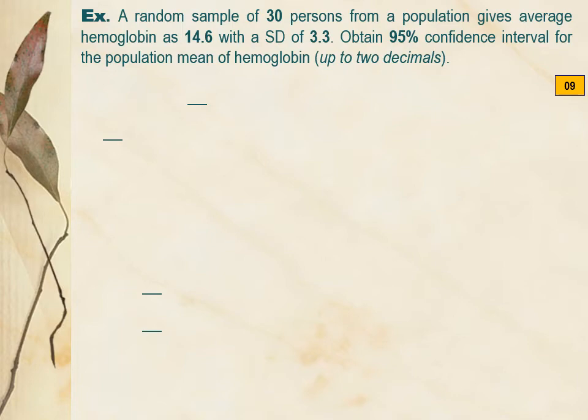The example says a random sample of 30 persons from a population gives the average hemoglobin as 14.6 with an SD of 3.3. Obtain 95% confidence interval for the population mean of hemoglobin up to 2 decimals. Okay, you are given N as 30, X bar as 14.6, SD as 3.3, and level of confidence 95%.